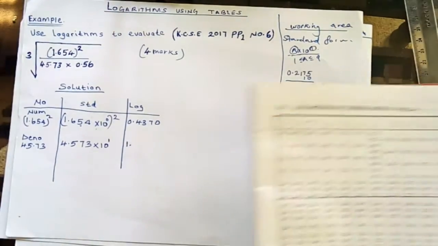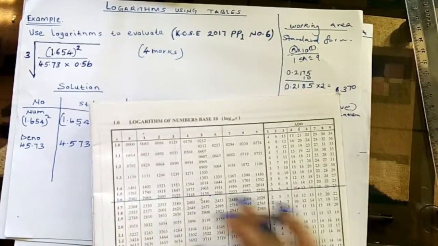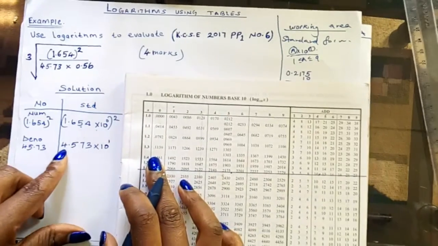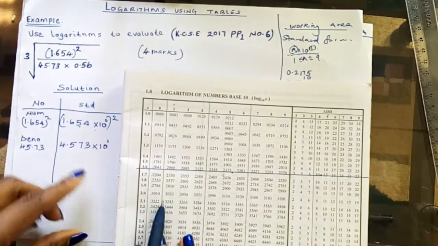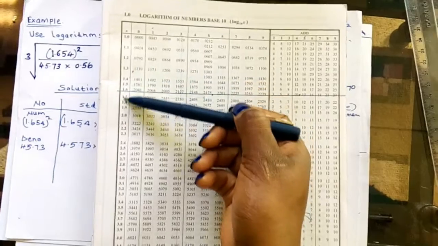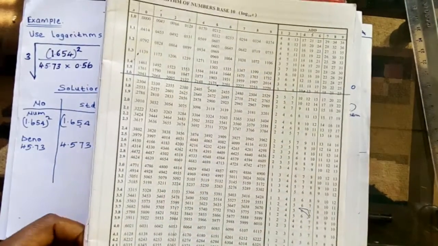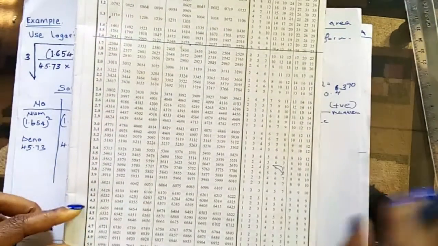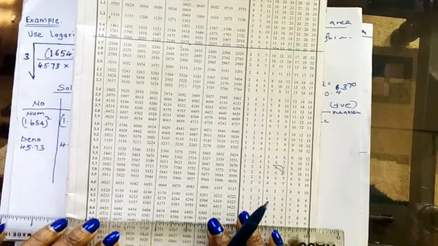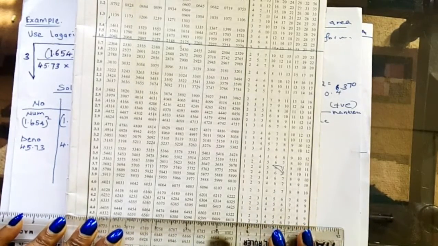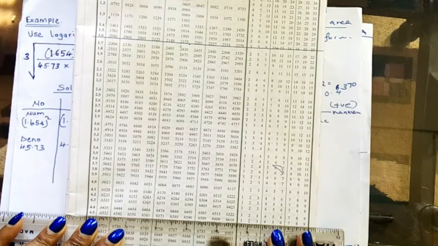So we go again to our mathematical table. Now this time we are looking for 4.5. All the way to this point, this is where we have 4.5. So you use your ruler.